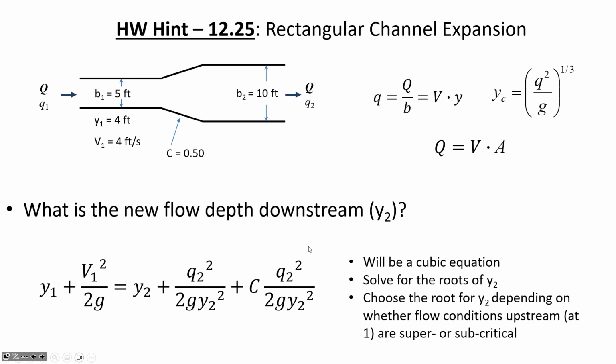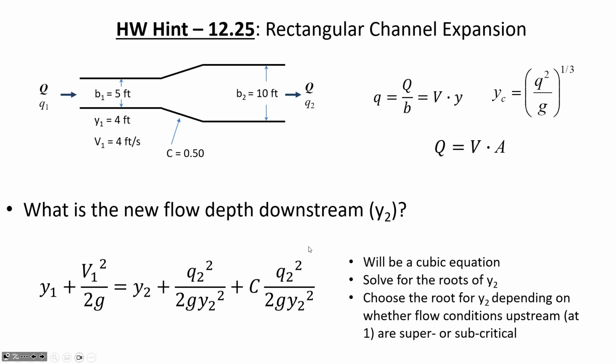So how does this relate to that? We've just divided both the numerator and the denominator by b, the bottom width. So remember, q is big Q divided by b. And then if we have area squared divided by b, wait a minute.